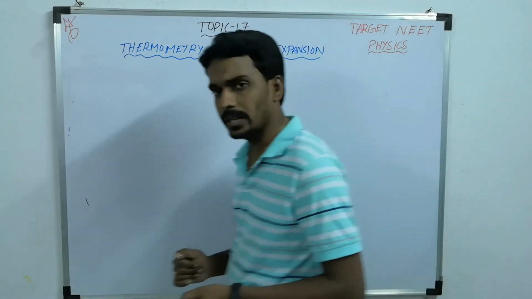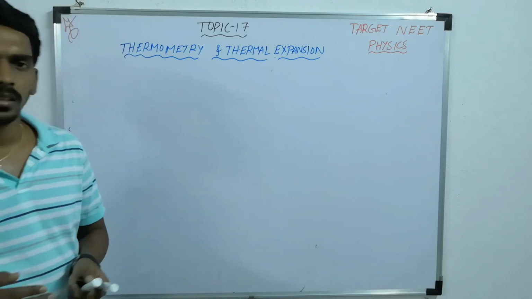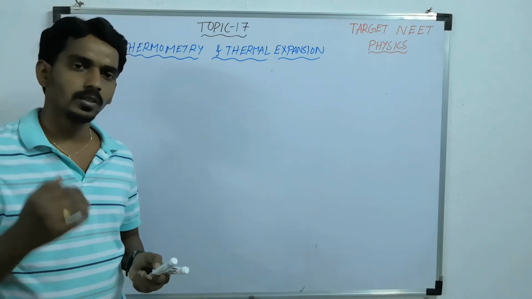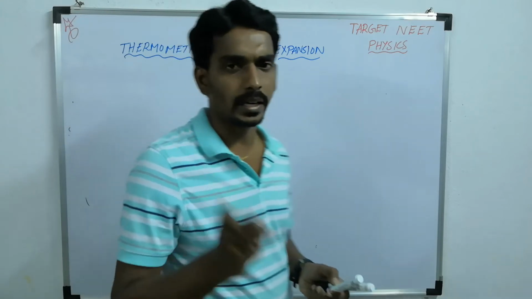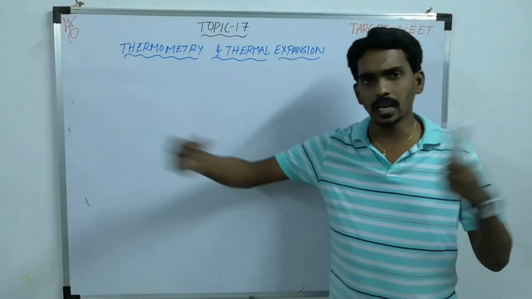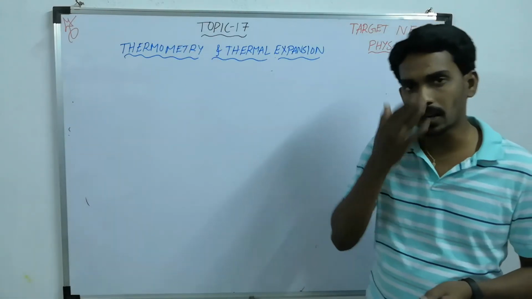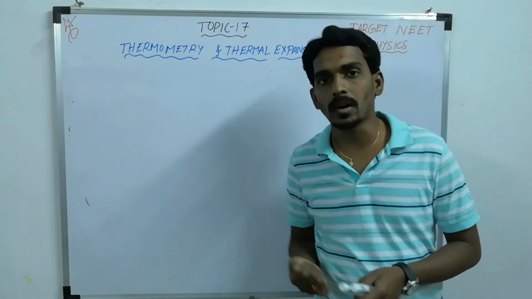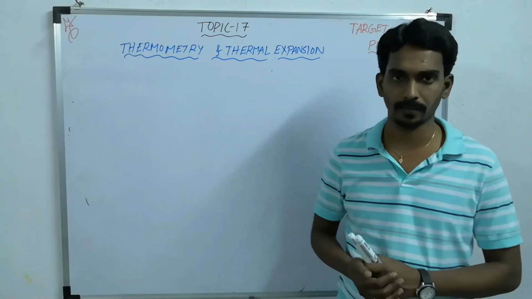So in case of solids, the substance or the body you can divide into three categories: linear mass distribution, surface mass distribution and volume mass distribution. Three types are there.